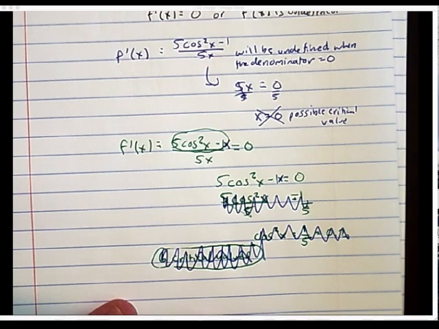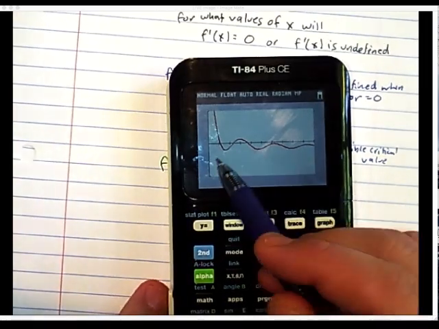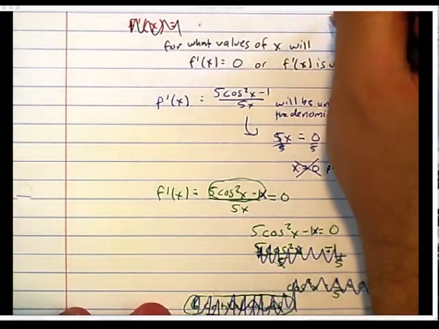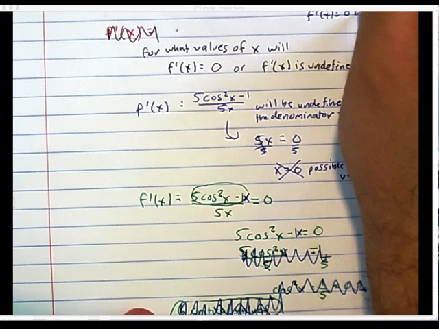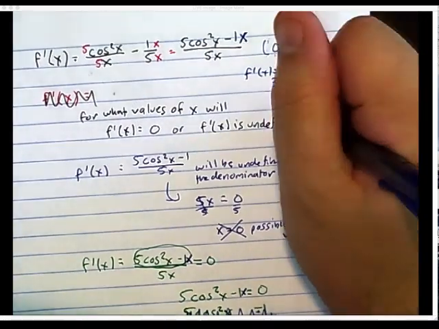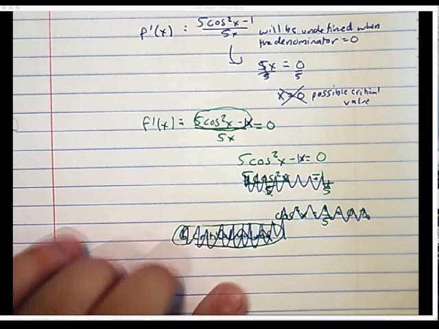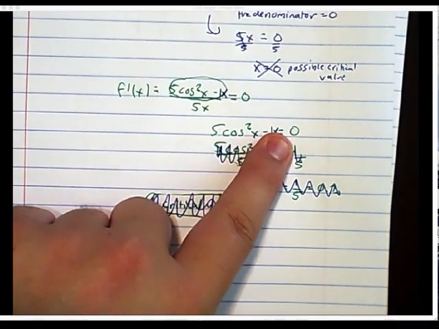All right, so if I look back at the original, 1, 2, 3, I only see 3 critical values. So f prime of x equals 0 at 3 places, which means that there's 3 critical values. Or you could have done it from here. Figure out where this thing equals 0.